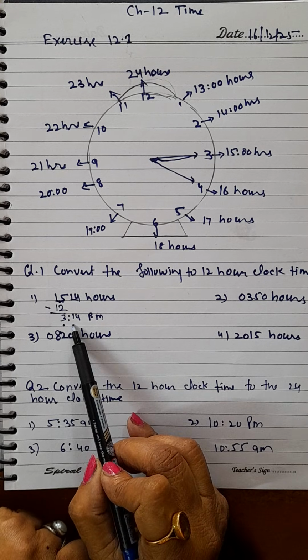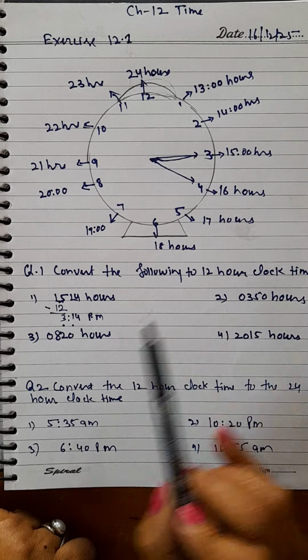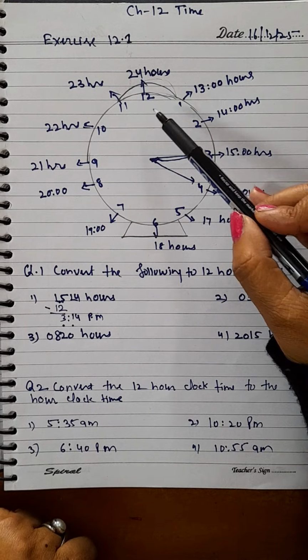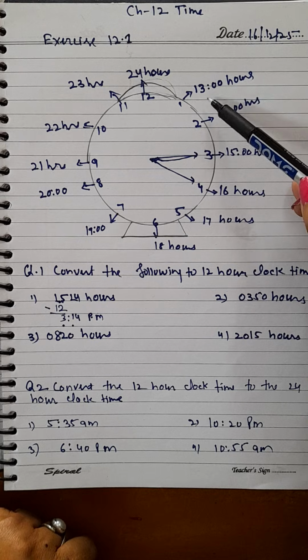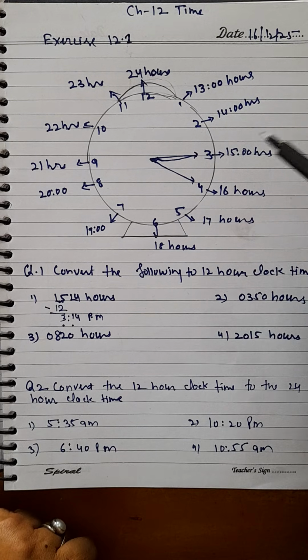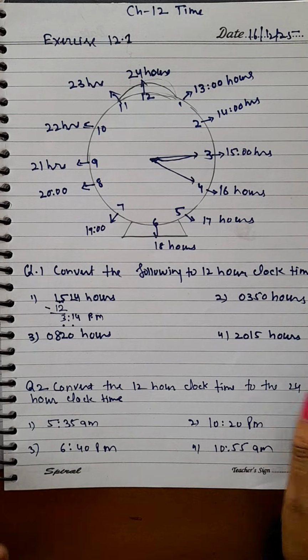And minutes remain the same. So the time is 3:14 PM. As I told you, this is the time after midday. After midday, we will start counting as 13, 14, 15. So after midday, we will write PM. So we will get 3:14 PM.